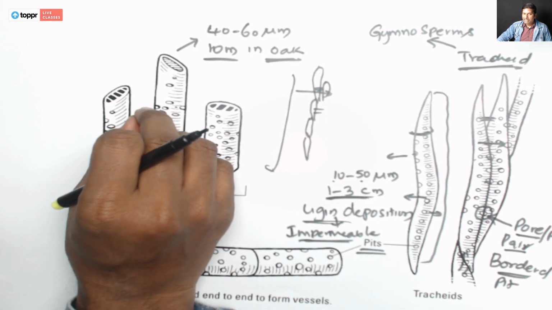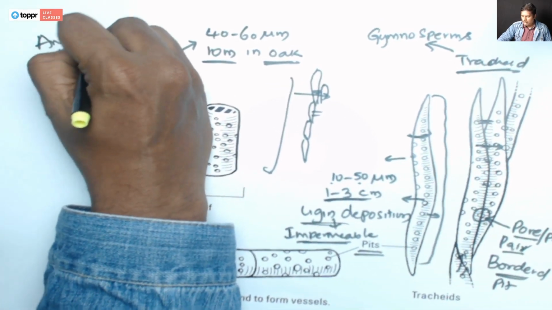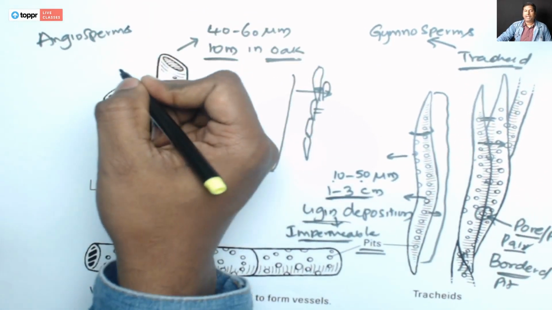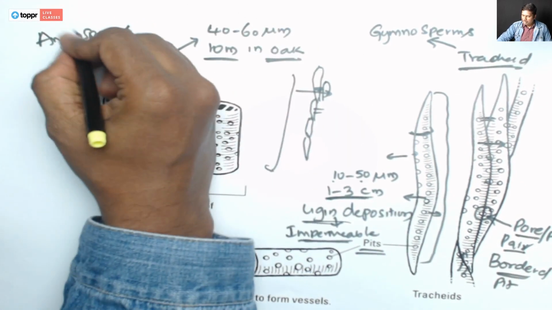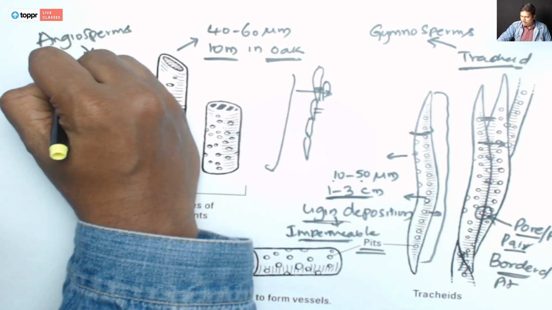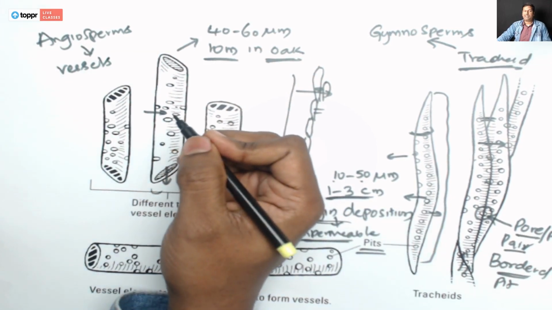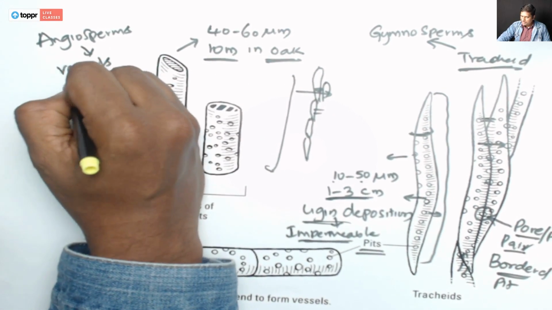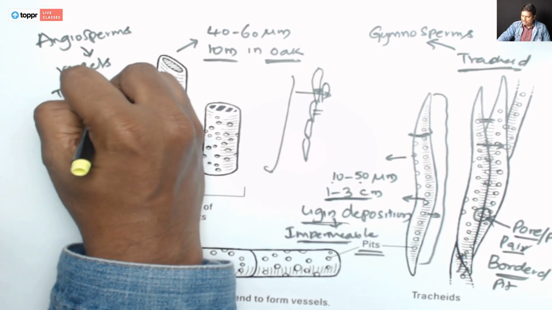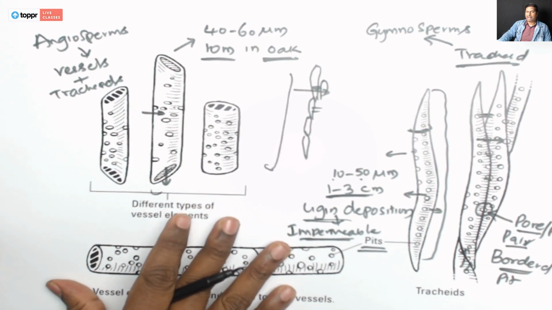However, in angiosperms, in addition to the tracheids, the majority will be vessels. The vessels are the major ones involved in the transport of water, but you will find the tracheids as well.